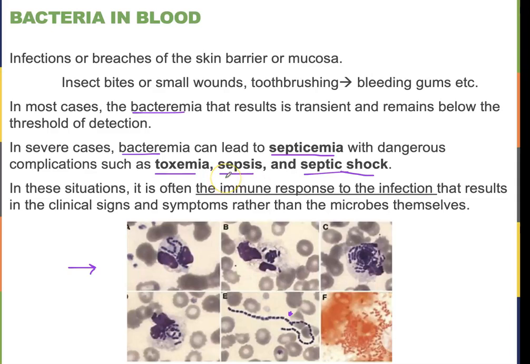In a lot of these situations, when you have a huge reaction to an infection, such as septic shock, it is really our immune system's response to the cytokines that causes our body to be overwhelmed in its reaction, and it can lead to those signs and symptoms of shock. So the immune system, we talked about superantigens before and cytokine storms before. So this is probably the most dangerous part of sepsis or bacteremia.